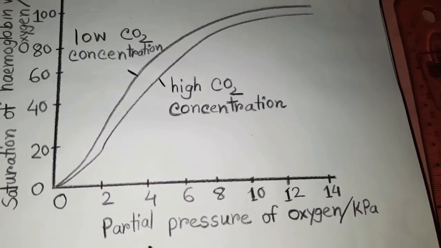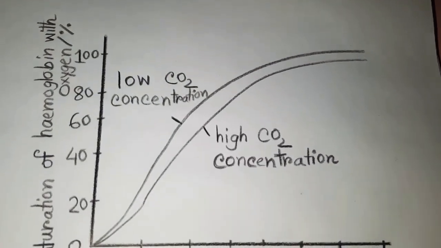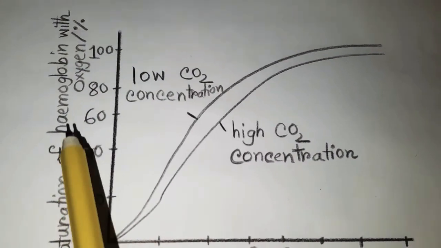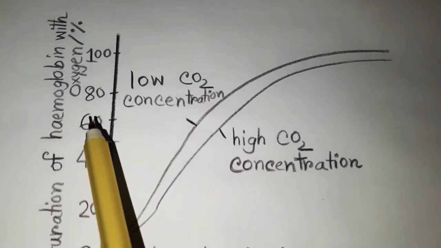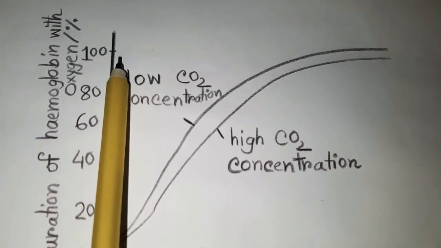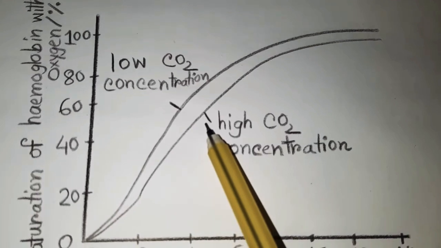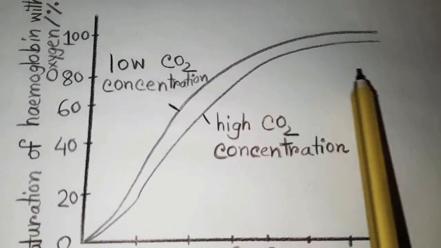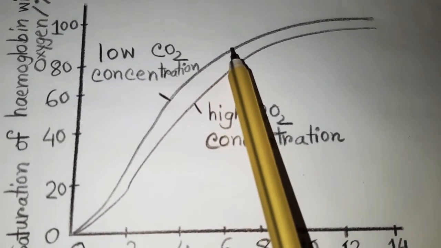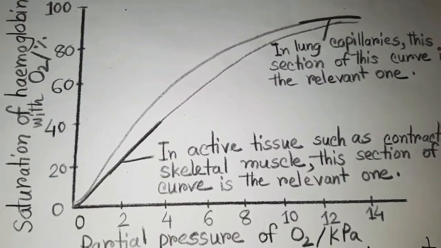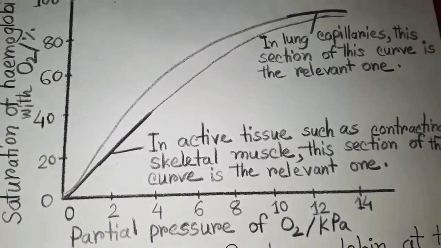You can see this is the partial pressure of oxygen in kilopascals, and here is the saturation of hemoglobin with oxygen, as a percentage: 20%, 40%, 60%, 80%, 100%. It goes like this. This line is high carbon dioxide concentration, and this other line is low carbon dioxide concentration. So this diagram shows the effect of changes in carbon dioxide concentration on oxygen transport.